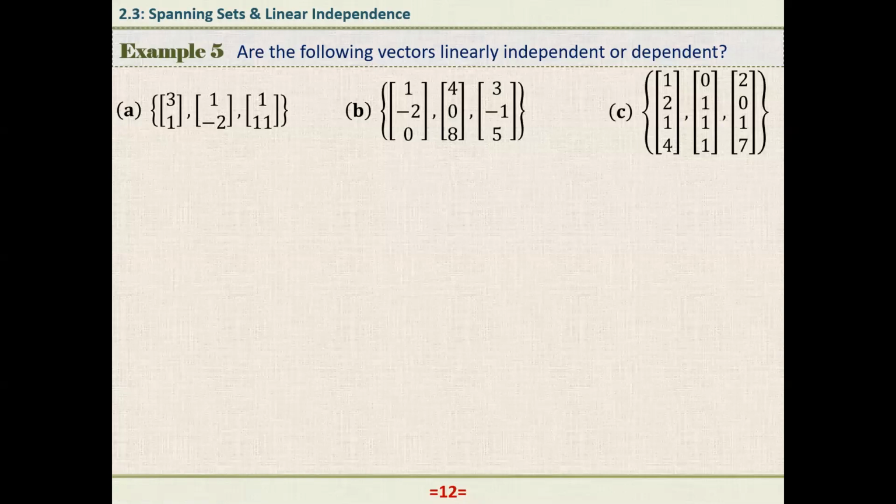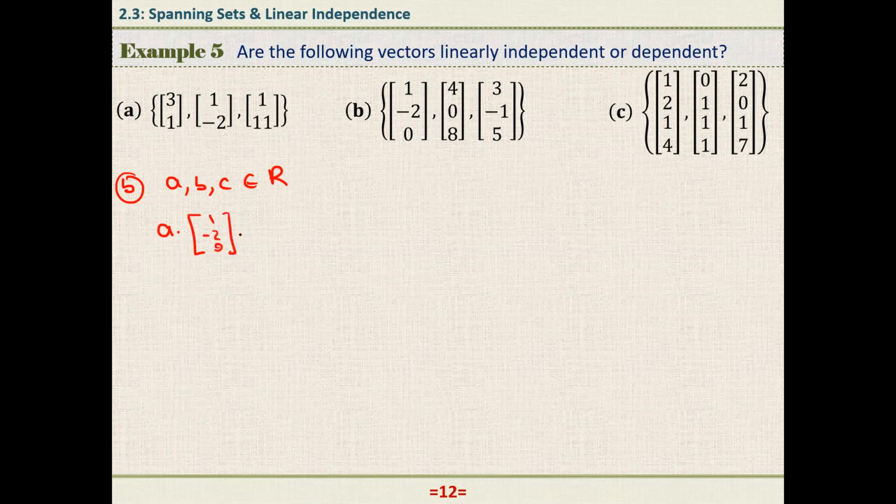Okay, how about question B? The same thing. Is it possible to find 3 real numbers, let's say a, b, c, so that the linear combination of these 3 vectors, a times (1, -2, 0), plus b times (4, 0, 8), plus c times (3, -1, 5), gives the 0 vector?